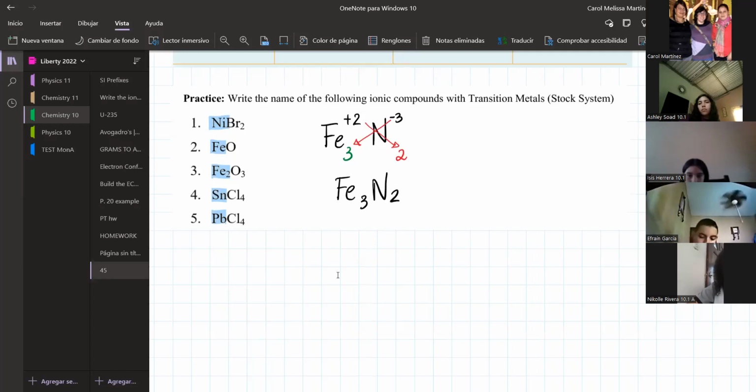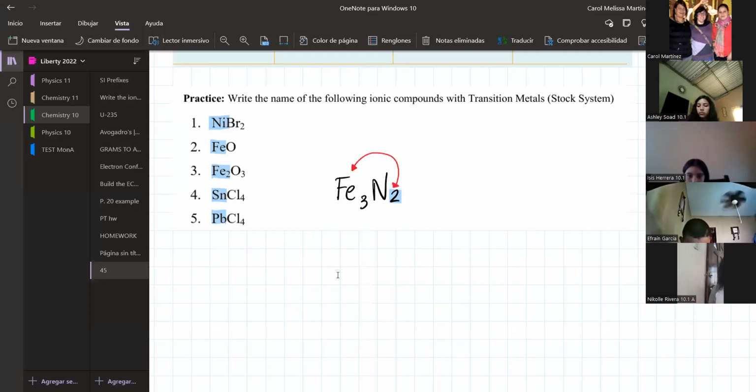To know what charge iron is using, imagine that you don't have this anymore. You just have the compound. So to know what is the charge that iron is using, all you have to do is check the subscript of the anion. In this case, nitrogen has the subscript 2, which indicates that this 2 is coming from iron, okay?